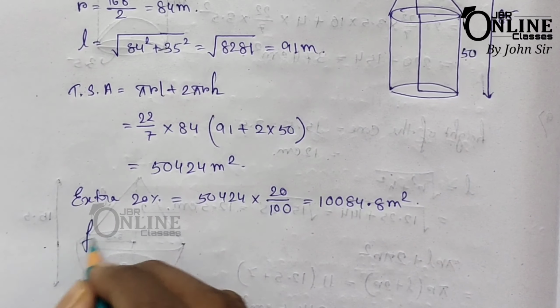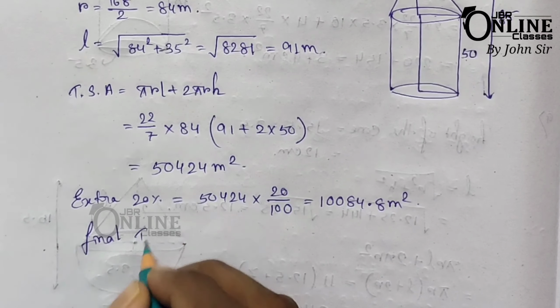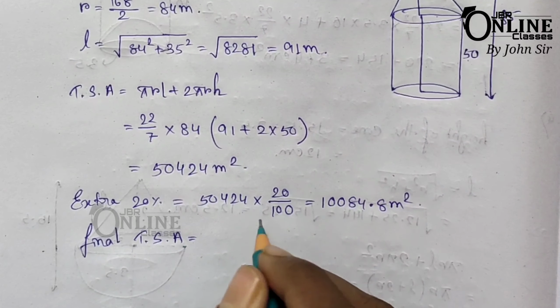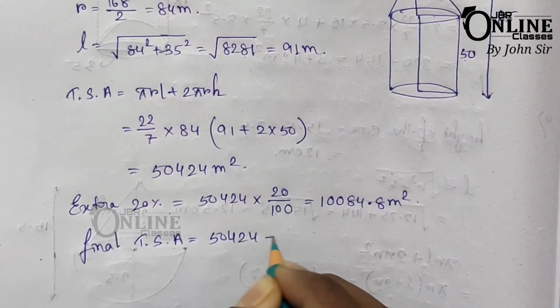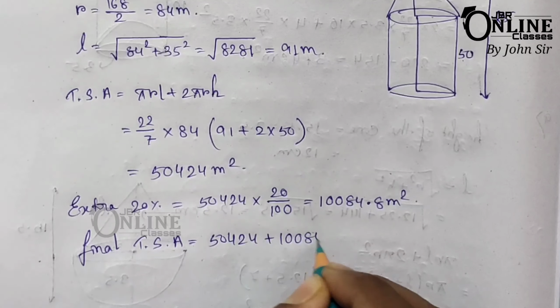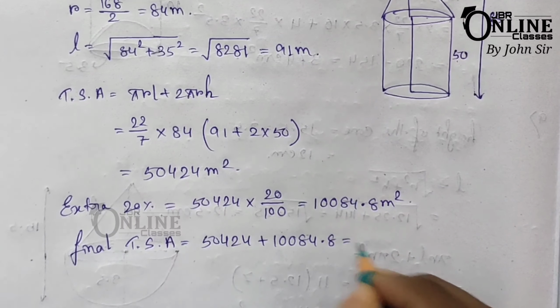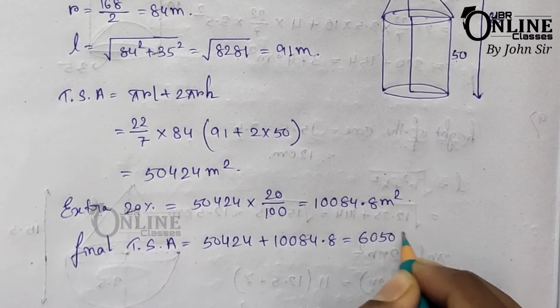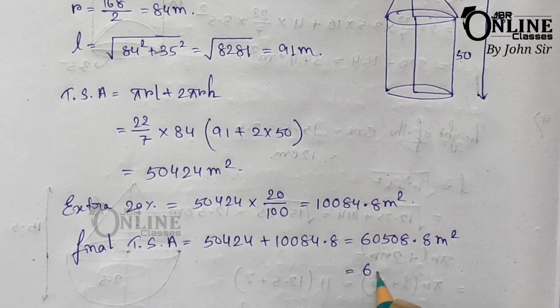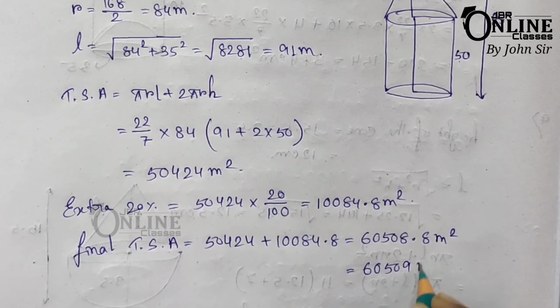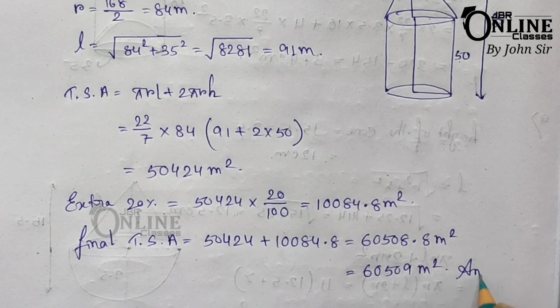So the final total surface area that is required equals 50424 plus this one, so that equals 60508.8 meter square. Now the nearest number is 60509 meter square, that is the answer.